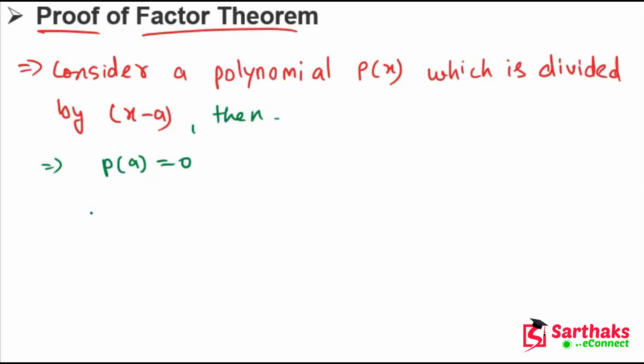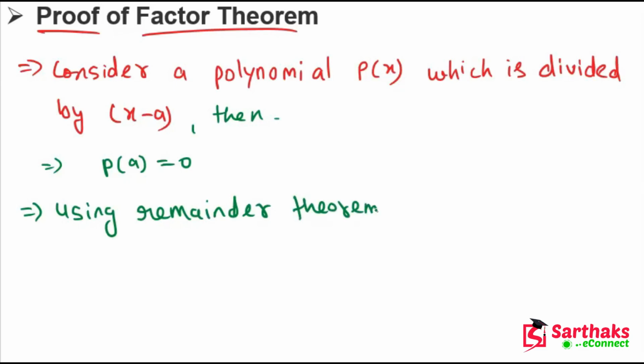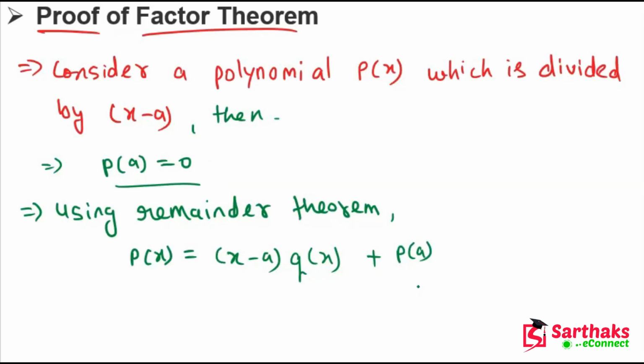What is p of a equal to 0? Now using the remainder theorem, we can write p of x is equal to (x minus a) into q of x plus p of a. Now from this statement we can write p of x is equal to (x minus a) into q of x plus 0.